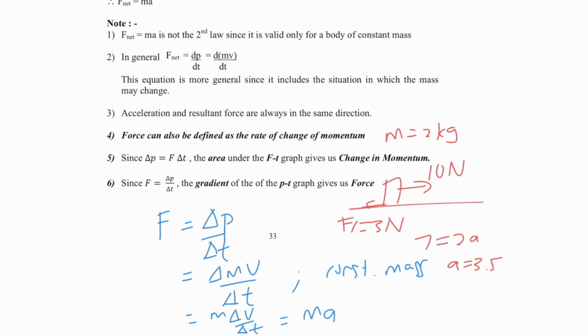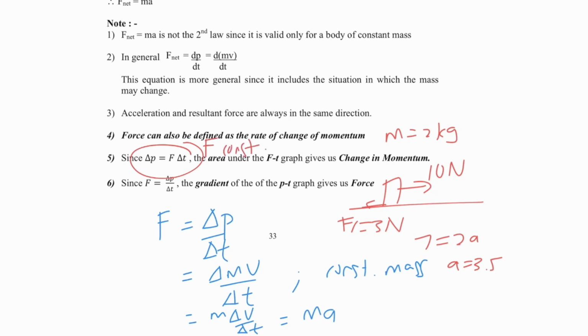From this equation, F equals delta P over delta T, do you realize that I can bring the delta T over? So I will get change in momentum, delta P, equals F times delta T, right? So you can also find the change of momentum if you take F times delta T. But you can only use this formula straight away provided your force is constant.